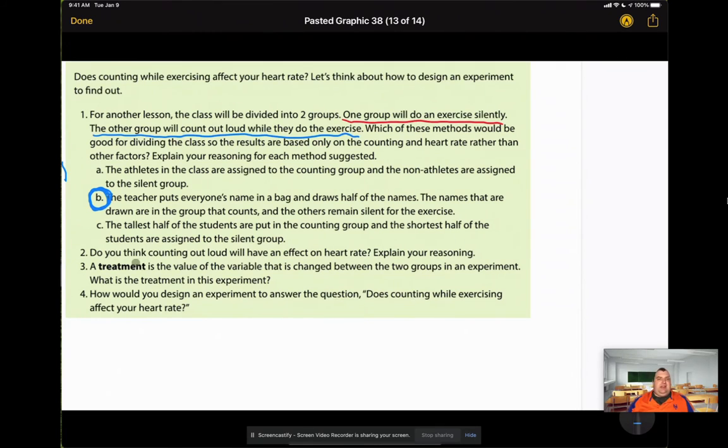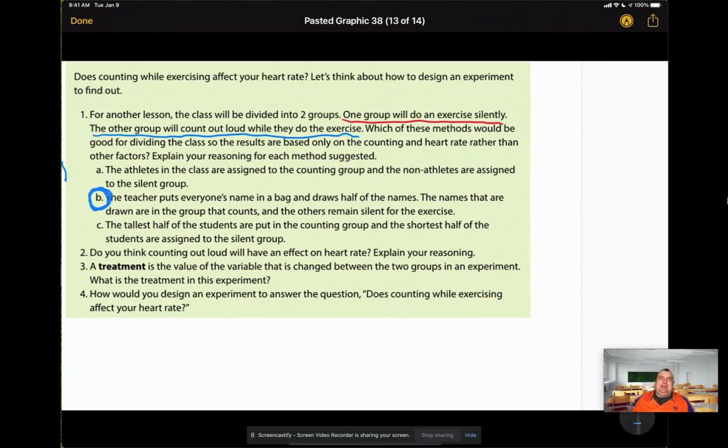Do you think counting out loud will have an effect on heart rate? That's an opinion-based question. So for number 2, there really isn't a right or wrong answer. For me personally, I would probably say that no, it probably won't have a really large effect on heart rate. It might have a very small effect.